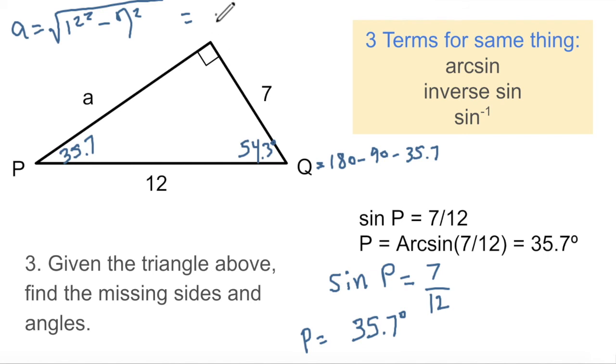So A is equal to 9.75. That's side A. Now we're done solving this triangle. We use the inverse sine function to find angle P, and then we used the sum of angles to get angle Q. And lastly, we used the Pythagorean theorem, since we already knew two sides, to get side A.